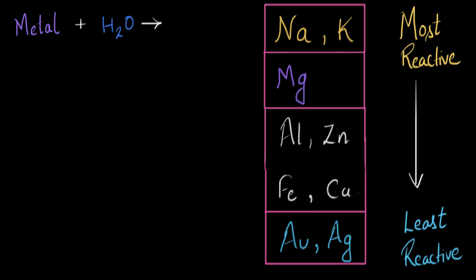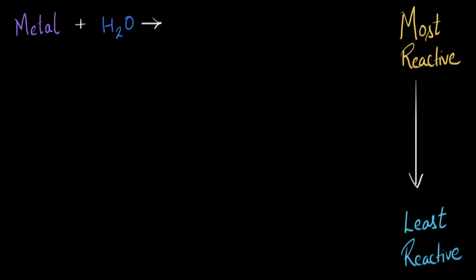So let's begin. Generally, when metals react with water, they displace the hydrogen from water and form metal oxides. So in this case, our products are going to be metal oxide plus hydrogen gas being evolved. Now we also spoke about some metal oxides being soluble in water.